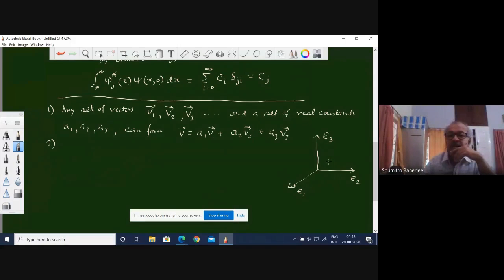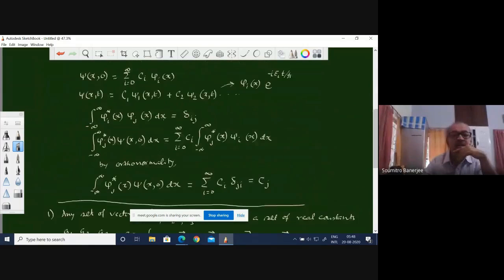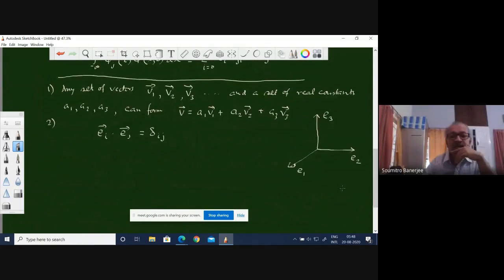And if you have defined this, then for these E's to act as a coordinate system, they have to have the character that Ei dot product with Ej has to be delta ij. If this is true, then that acts as a coordinate system. And notice that this is similar to what we wrote here. So there are similarities between the way wave functions and eigenfunctions behave, and the way vectors are behaving.